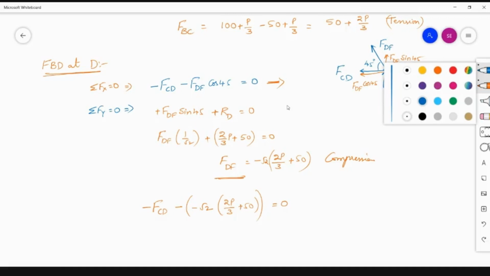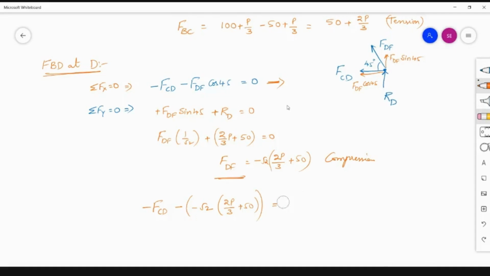So that is minus into minus, plus. Cos 45 is also to be written. Cos 45 is 1 by root 2 here, so this 1 by root 2 and this value is cancelled.